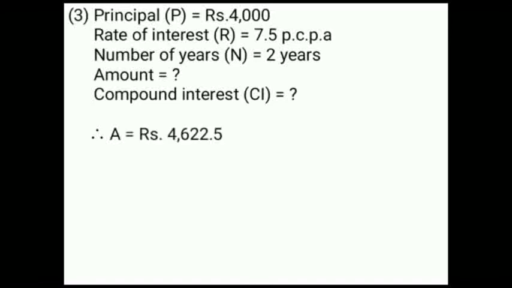Therefore, amount is equal to rupees 4,622.5. Now you have to find compound interest. The formula of compound interest is amount minus principal. That is equal to 4,622.5 minus 4,000.